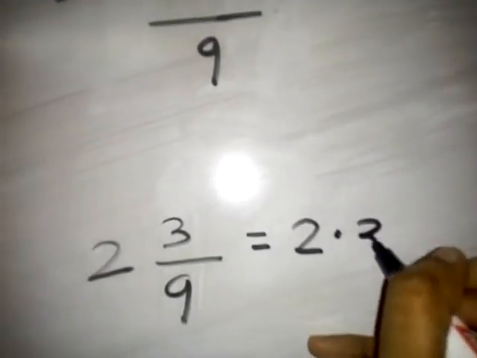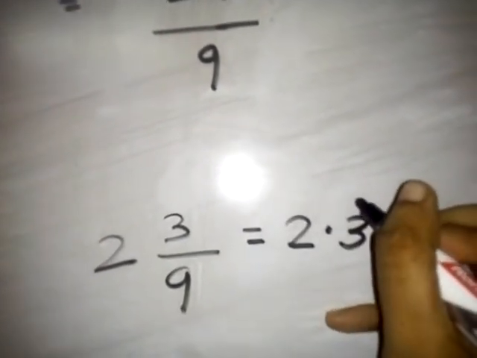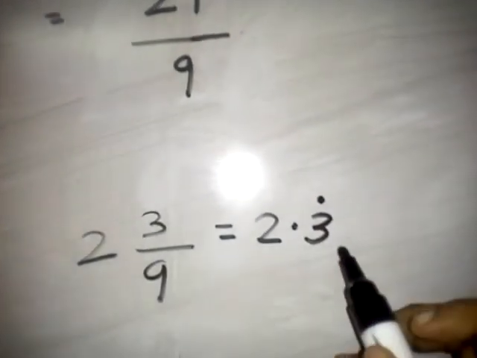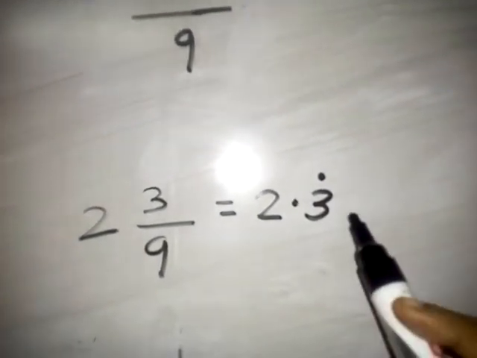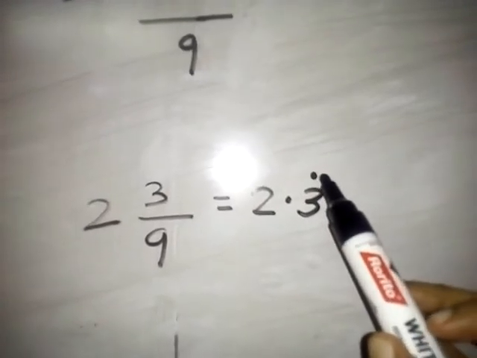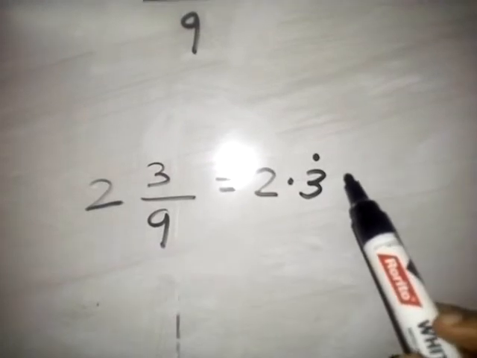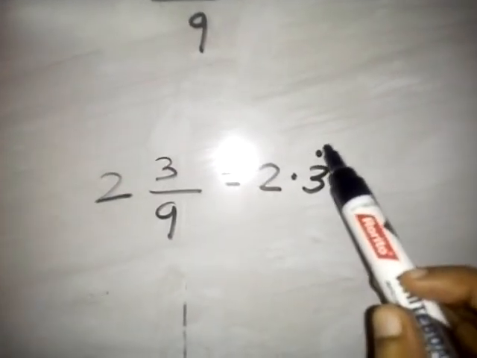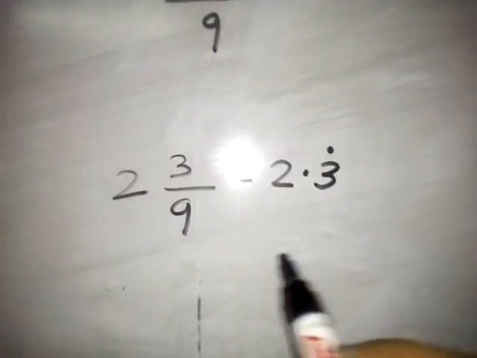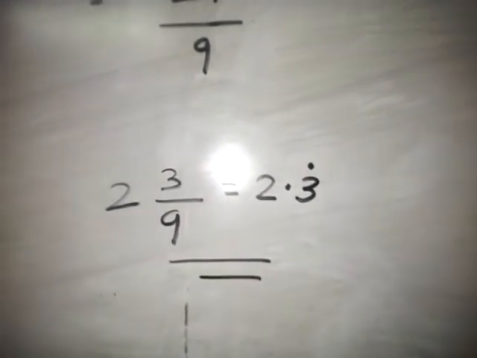Digit 3 is repeating here. Put a dot on top of 3 because one digit is repeating. If you are putting a dot on that number which is repeating, no need to write that number again after putting the dot or line. So this is the answer.